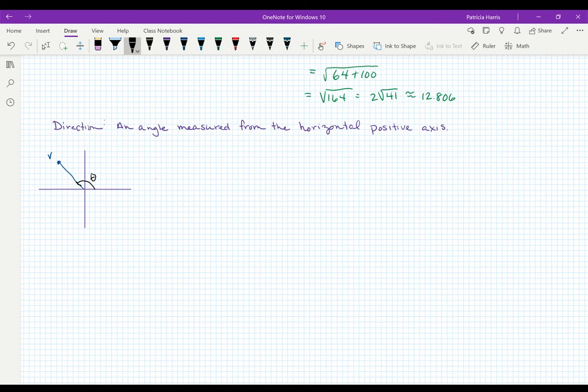So, a couple of notes. One, you have to be aware of what quadrant your angle lives in.